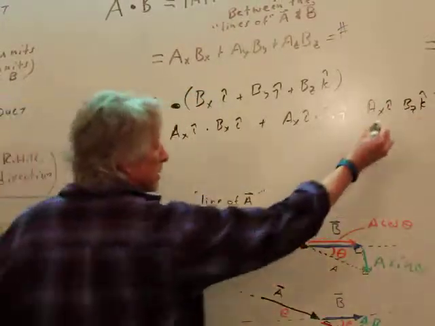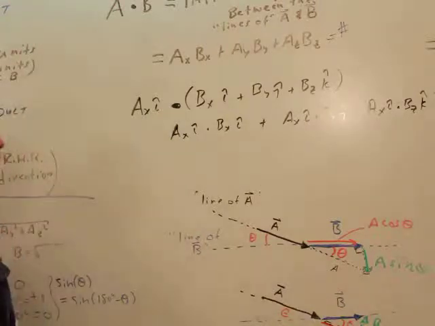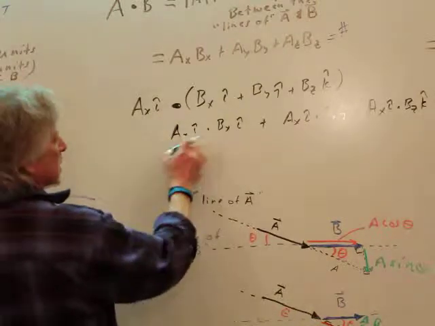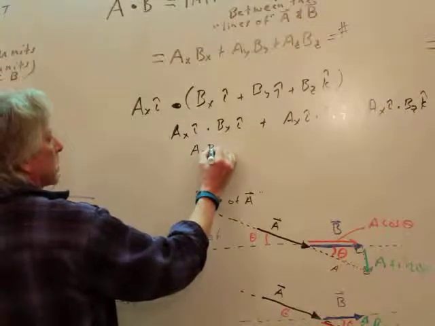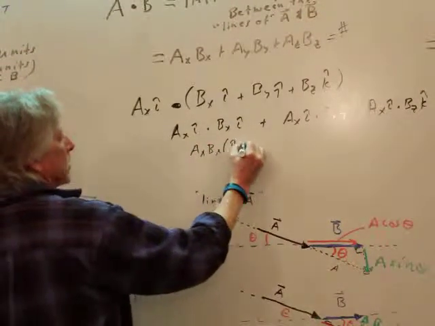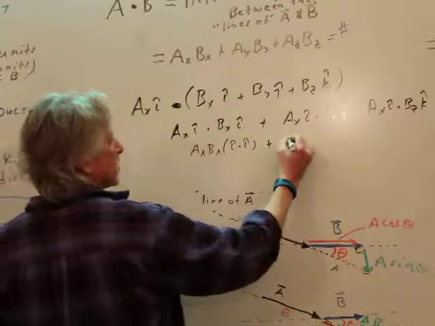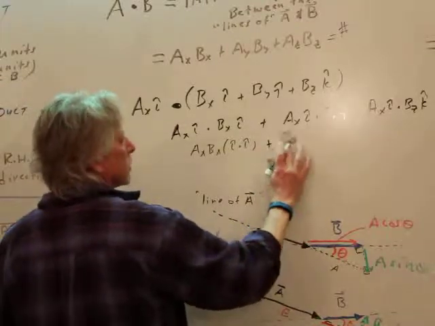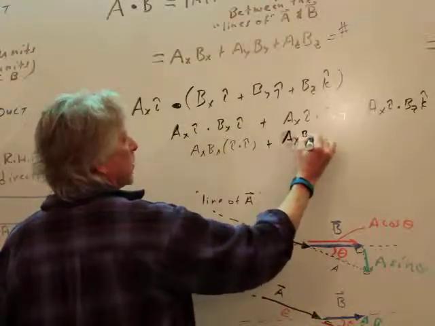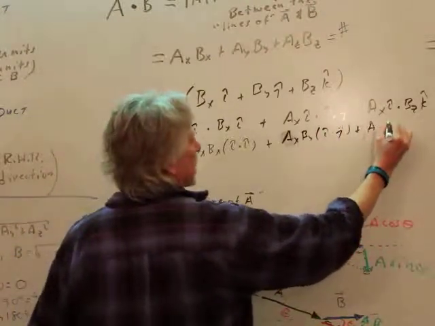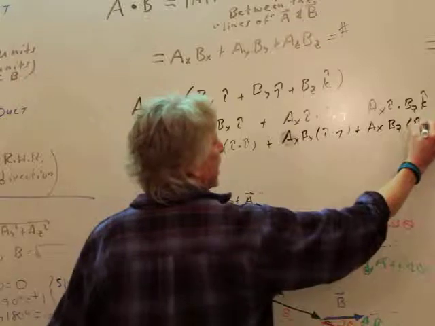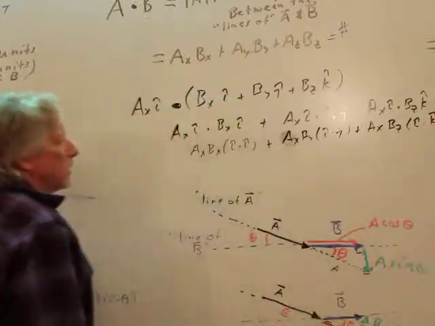Dotted, right? Okay. Well, these are just amounts, so this is just ax bx times I hat dot I hat. Now you may see the result, but I just want to show you that you can write it this way. ax by I hat dot j hat, ax bz I hat dot k hat.